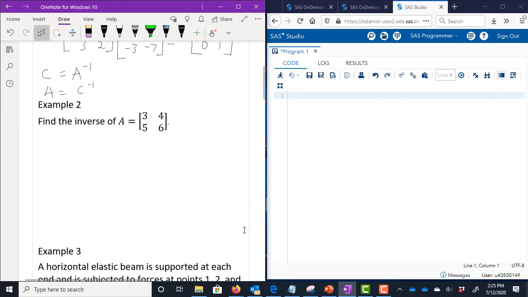Now, if we want to find the inverse of a matrix, we have a very special way that we could do it.